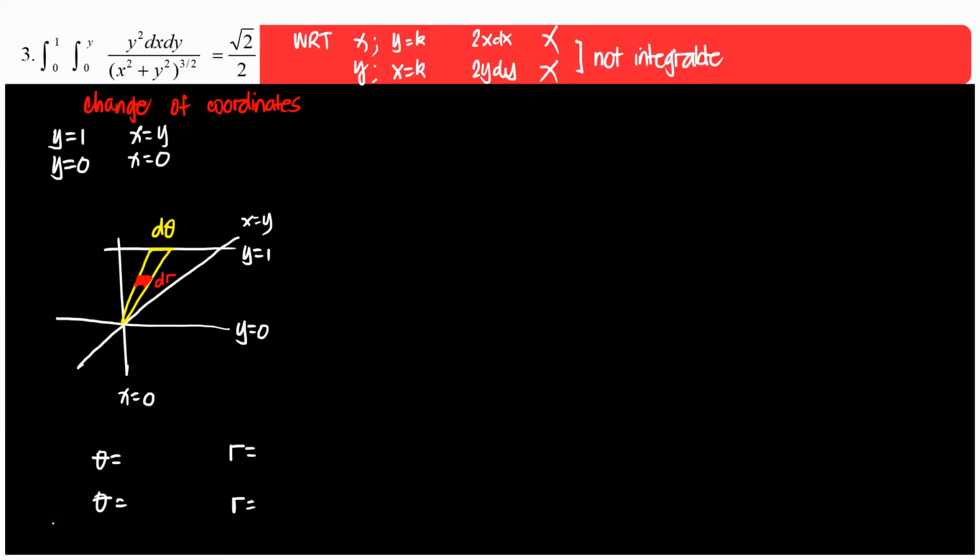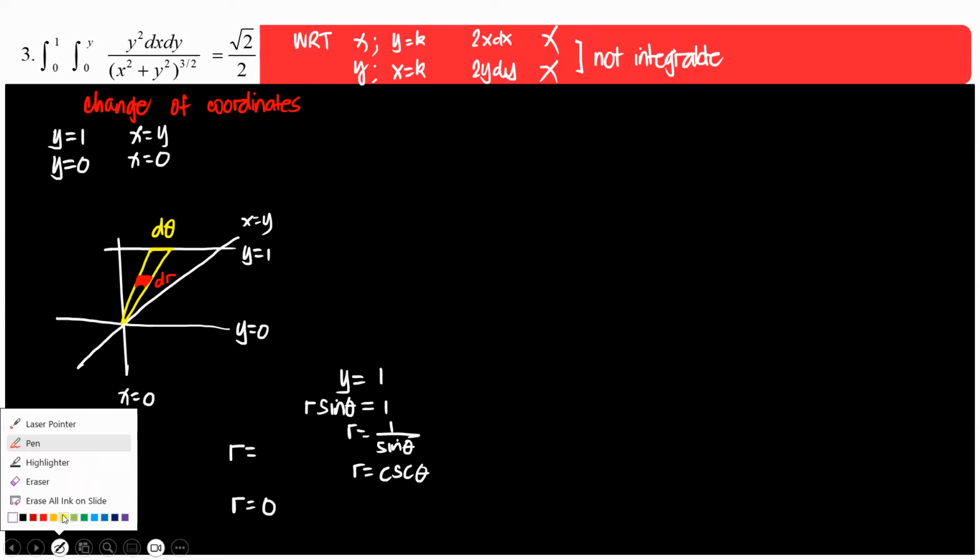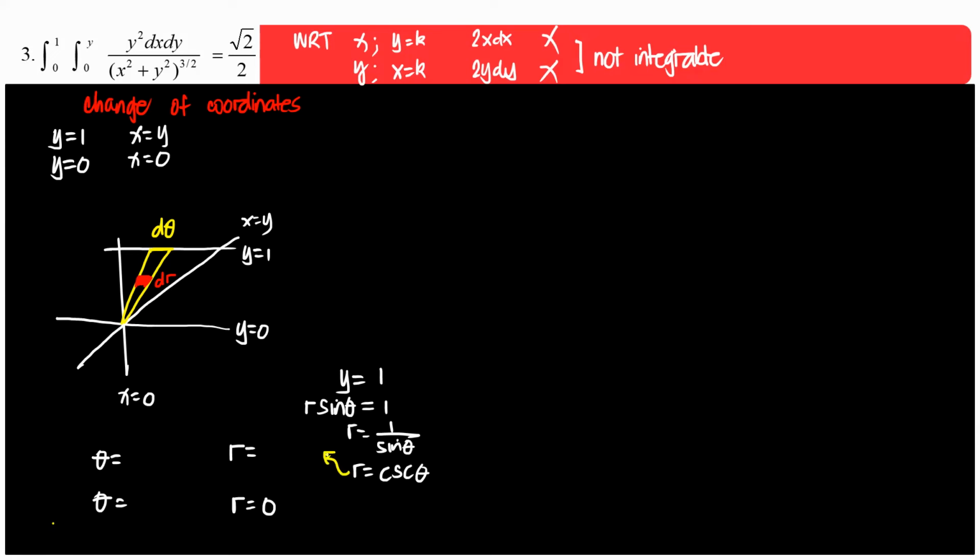We know that the inner radius is no problem, that's equal to 0. The outer radius that this reaches is y equals 1. So when y equals 1, r sine theta is equal to 1, so r is 1 over sine theta, or cosecant theta. I'll just write the cosecant theta here.